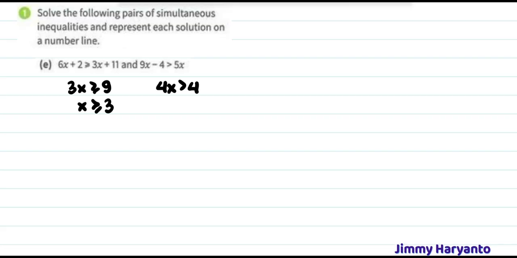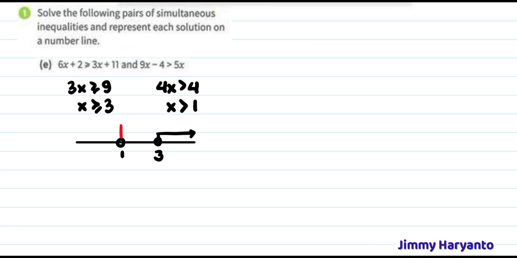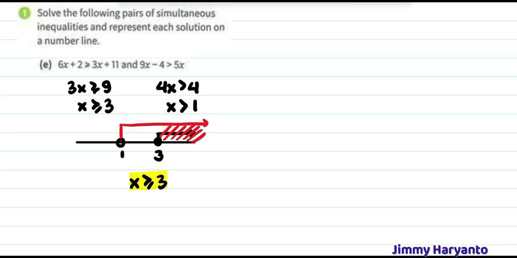That means 0 plus 4 equals to 4. So x is greater than 4 divided by 4 equals to 1. Create the number line. You'll have 1 right here, 3 right there, 3 going to the right, 1 also going to the right. The overlap area is this one. So the final answer is x greater than or equal to 3.